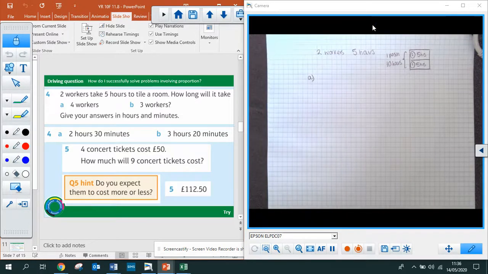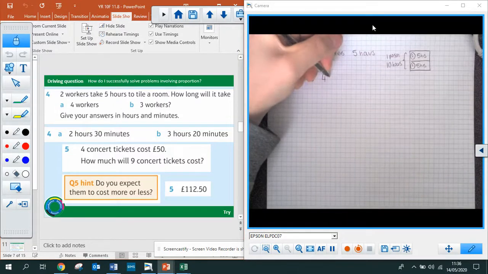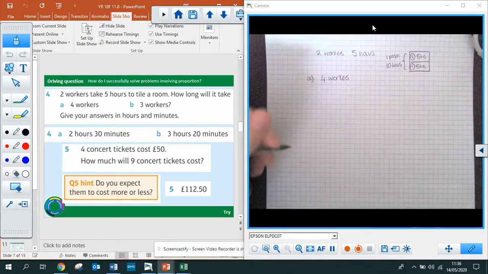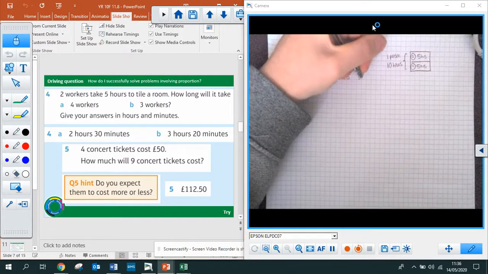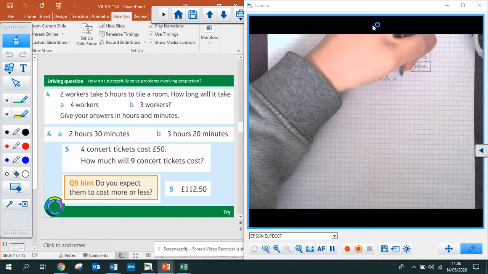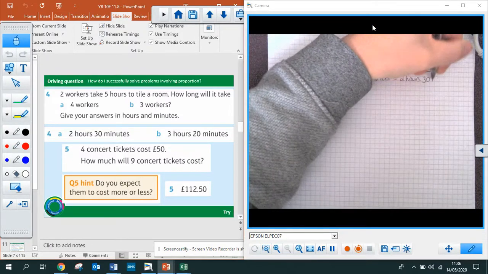So the workers have doubled, and therefore the time will halve. So it will take 4 workers half of 5 hours, which is 2 hours 30 minutes, 2.5 hours.